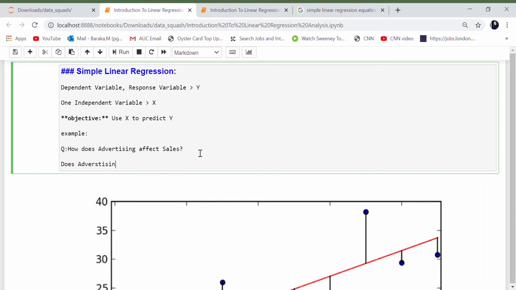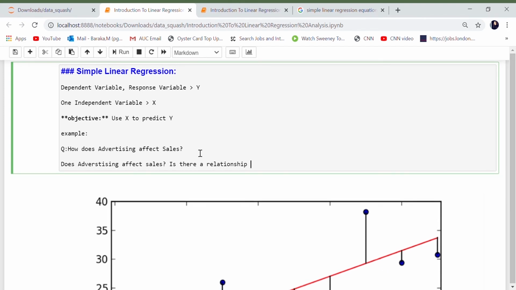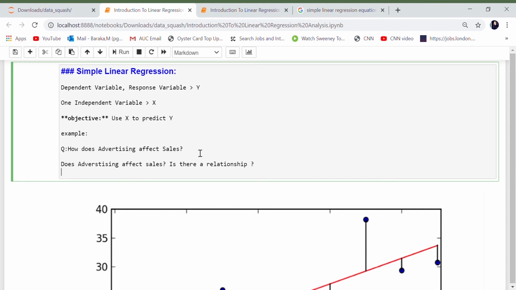That's the first question that they want to know. And if you think about it, this question also means, is there a relationship? Essentially, is there a relationship between advertisements and sales? All right, so that's the first question that the company might want to ask.